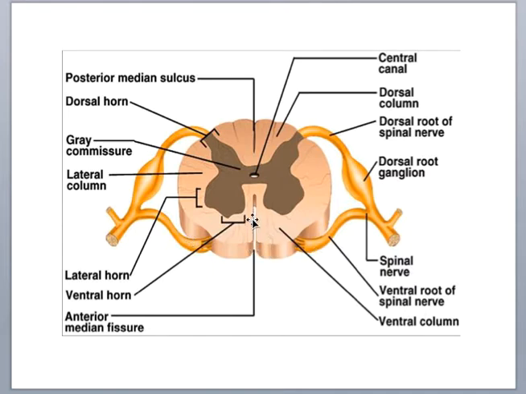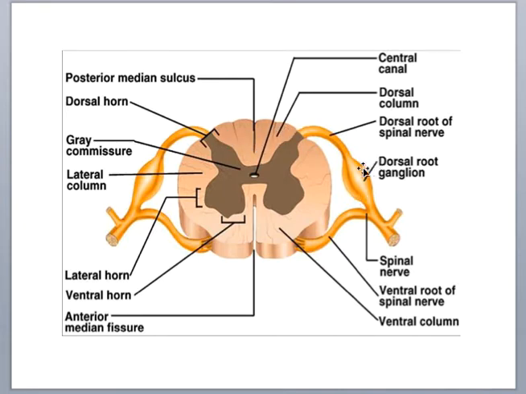This is the anterior median fissure, right? This is dorsal or posterior, which you can use those terms. You can say anterior or ventral, dorsal or posterior. Posterior median sulcus is a very tight groove, and so you can't see space in between this groove. A sulcus is a tight groove, so this is posterior.